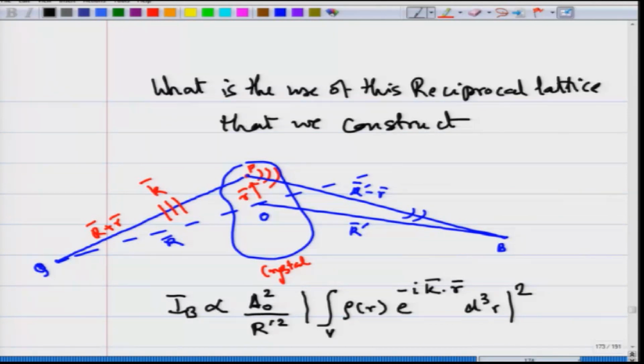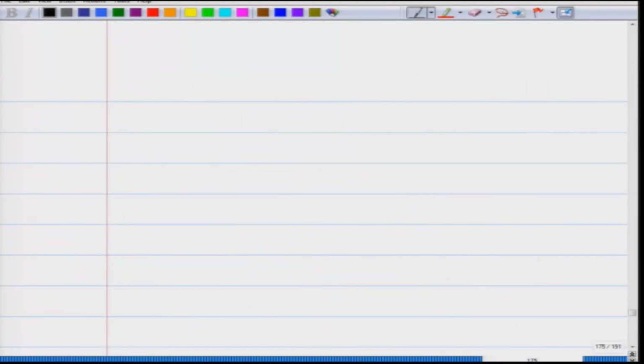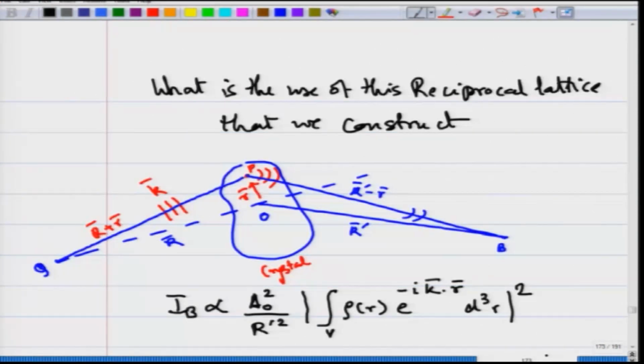where this scattering vector k was equal to k prime minus k, where k prime is the wave vector of the scattered wave.